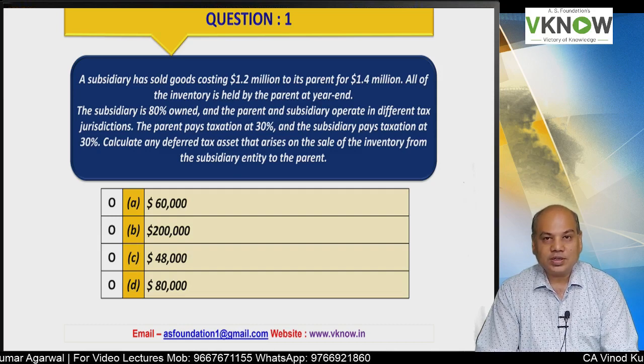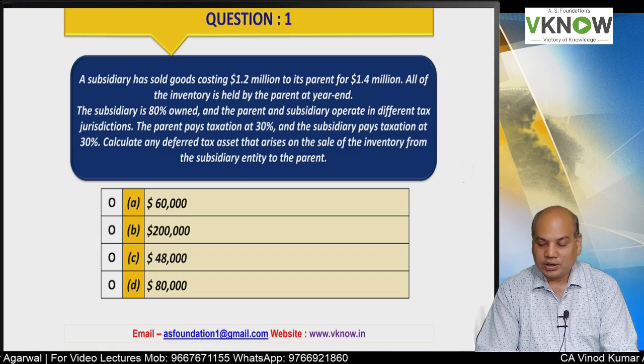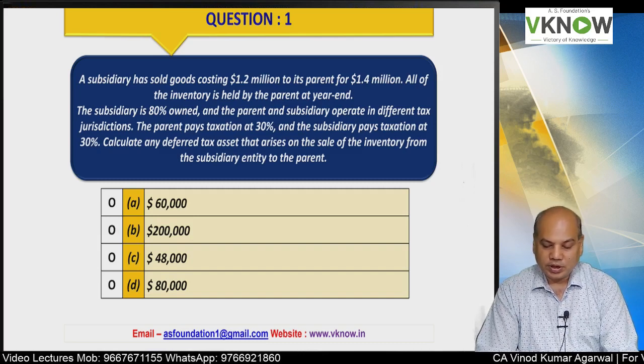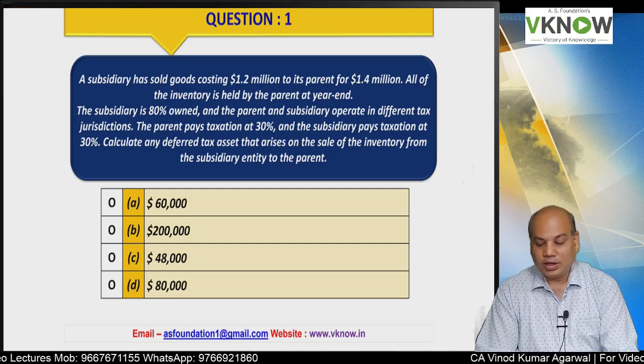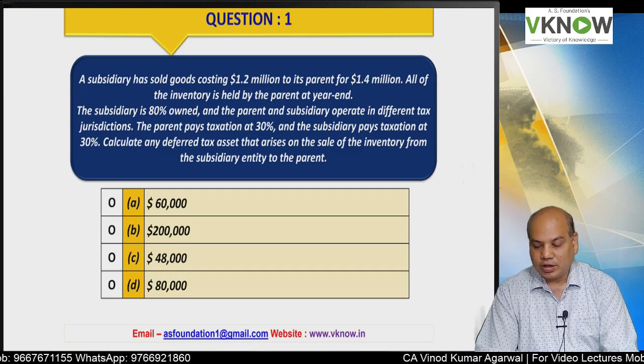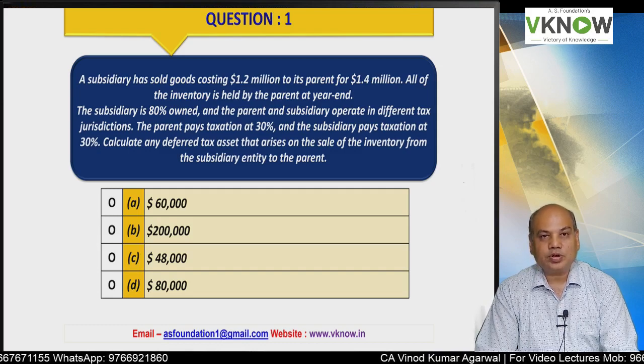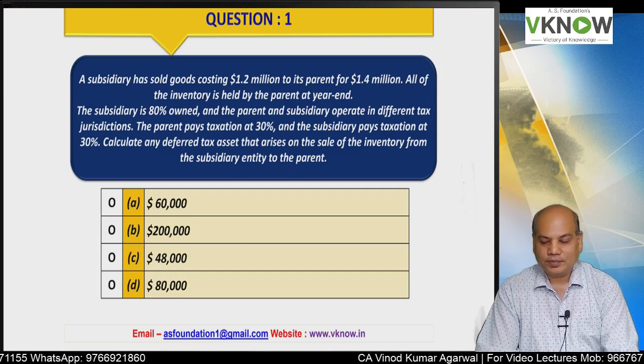The parent pays taxation at the rate of 30% and the subsidiary pays taxation at the rate of 30%. Calculate any deferred tax asset that arises on the sale of the inventory from the subsidiary to the parent.